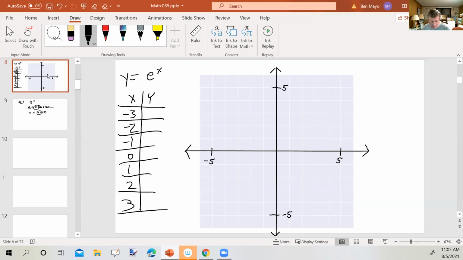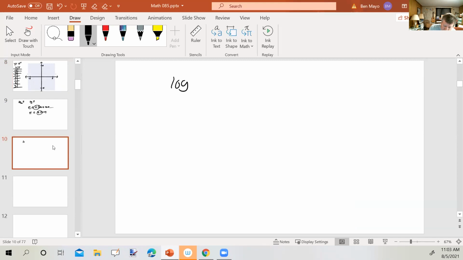Now, how do I get e to some value? On your calculator, recall that there's a button that says log, which is log base 10, and the second function key of that was 10 to the x. Well, log base e is called natural log and is written ln.